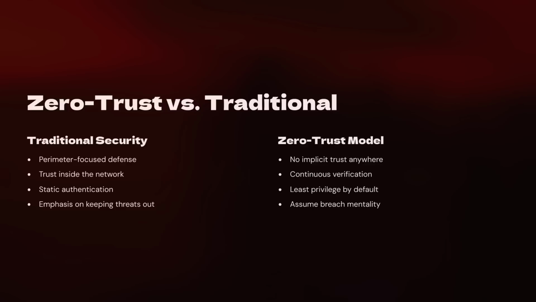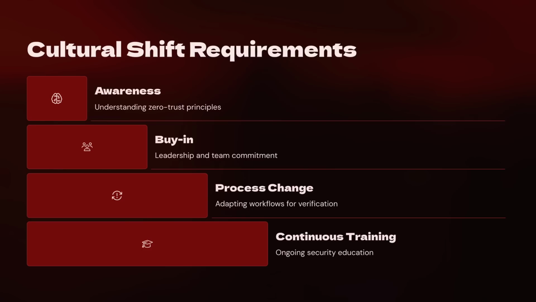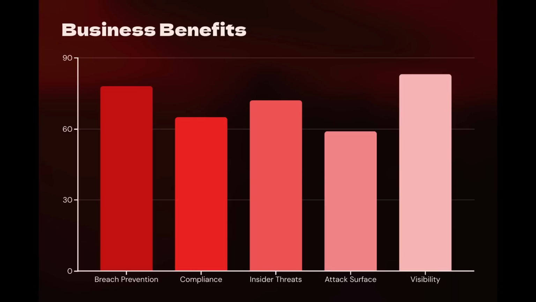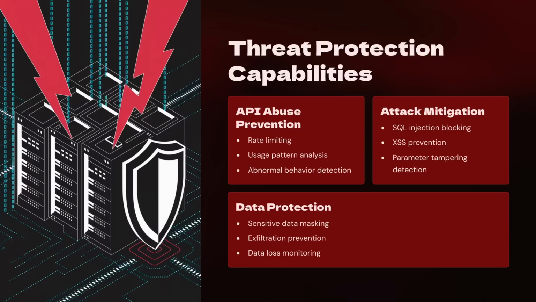Implementing a zero trust API security model requires a multi-layered approach. API gateways are critical components in enforcing zero trust principles, providing capabilities such as authentication, rate limiting, and traffic monitoring. Identity and access management, or IAM: robust IAM systems are essential for managing user identities and permissions across the API ecosystem.